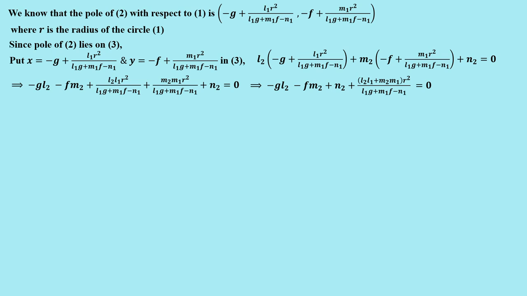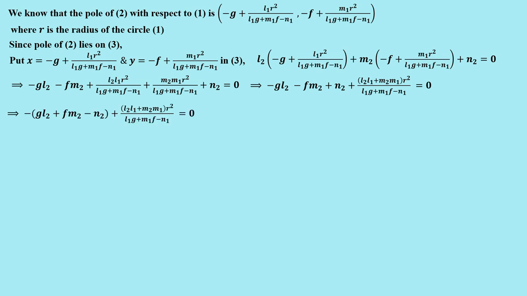That is minus GL2 plus FM2 plus N2 plus, a common denominator for these two terms. Taking common denominator L1G plus M1F minus N1, in numerator we get L1 L2 plus M1 M2 r square, which is equal to 0.